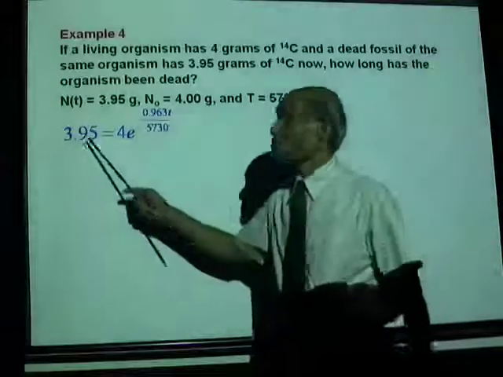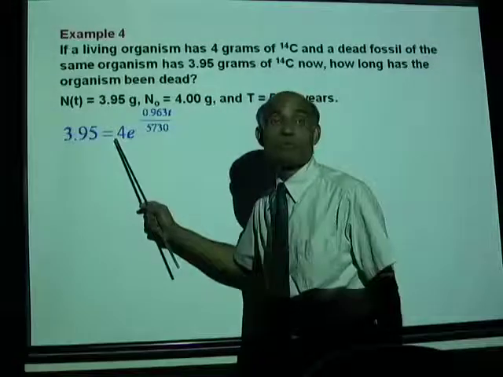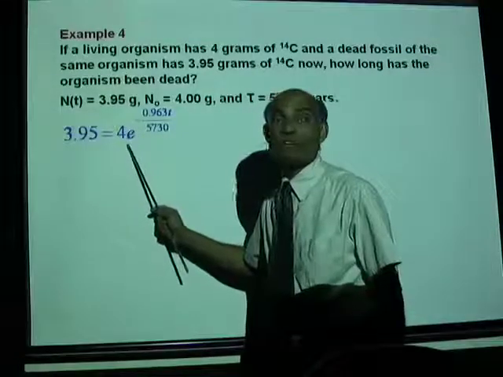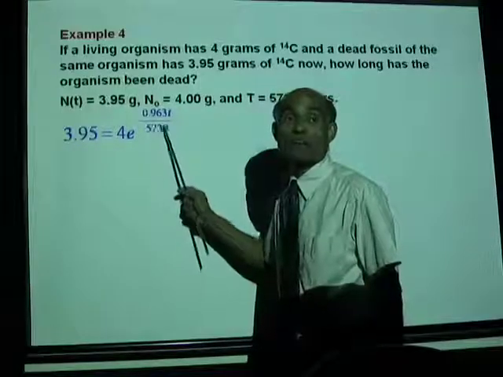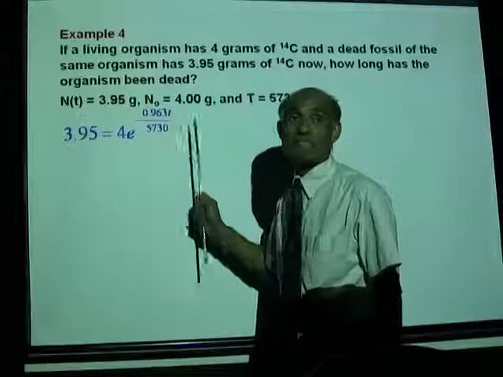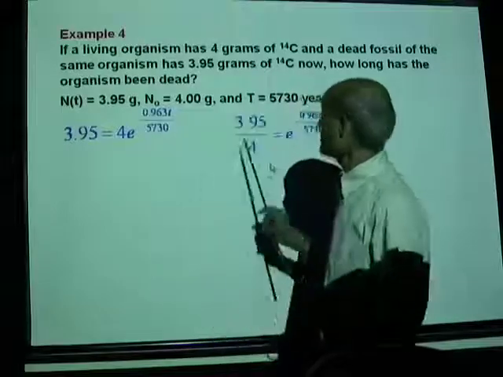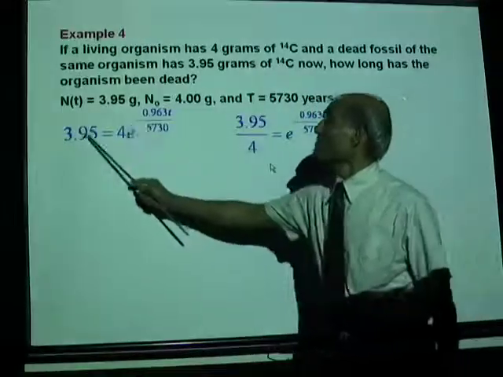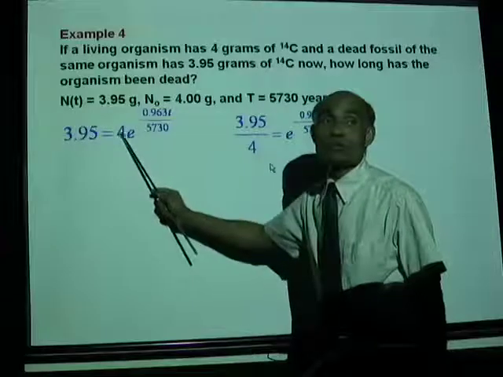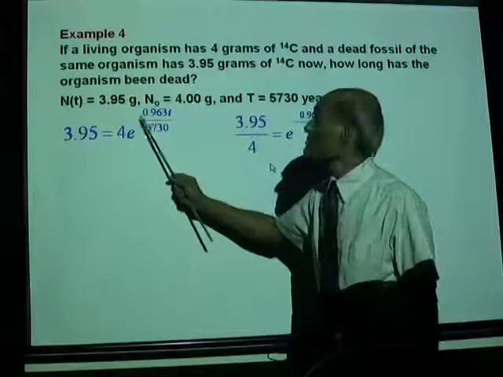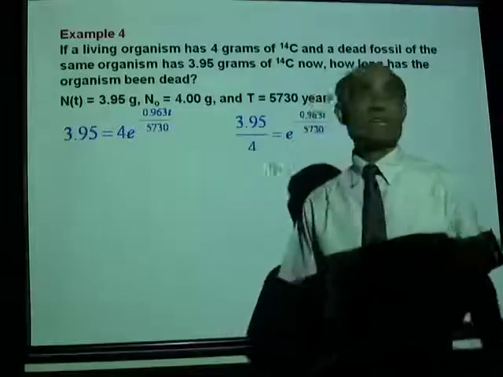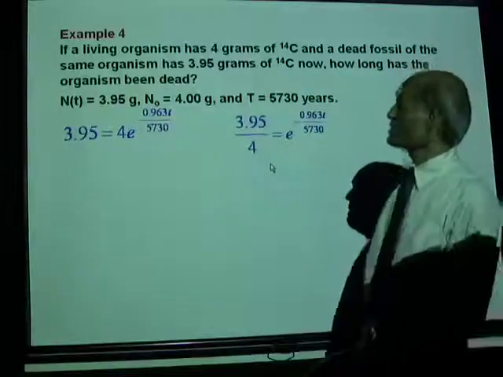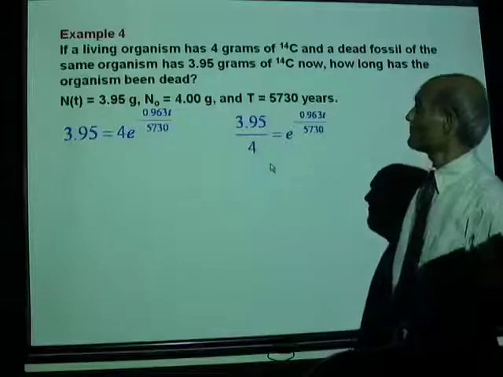And you know the relation: N of T equals N0 e to the power negative lambda over the half-life period multiplied by T. And so we have 3.95 equals 4 times e to the power of negative 0.693 T divided by 5,730.